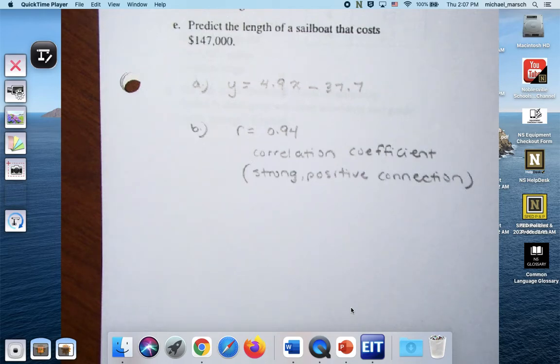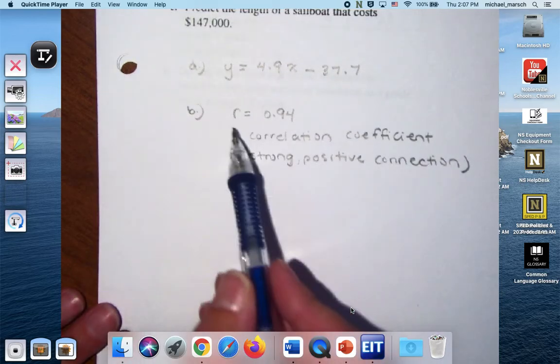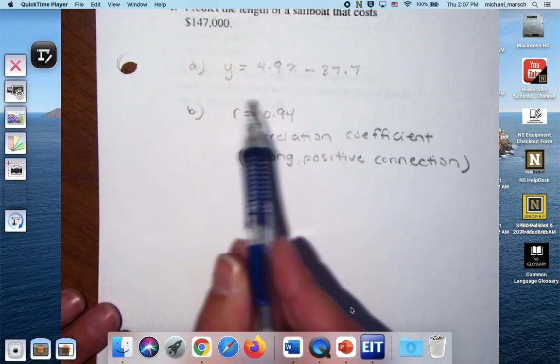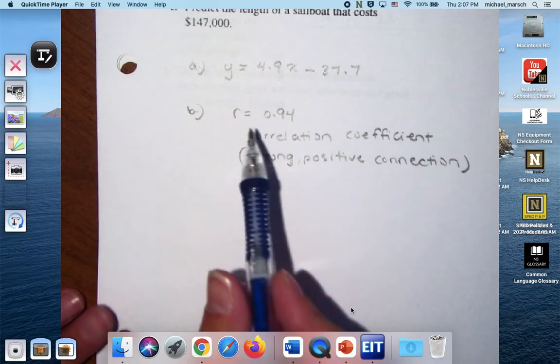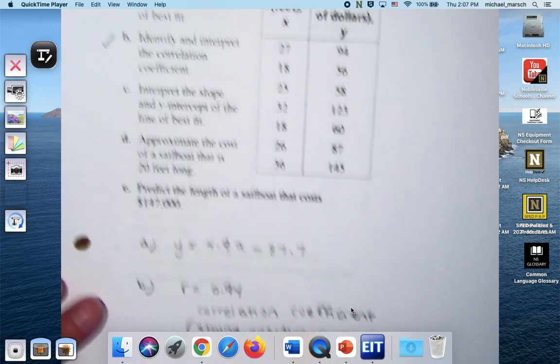You would not have a number anywhere close to 1 or negative 1, right? If we were to plot that, there would be no connection. That has nothing to do with each other, okay? So when they ask for that, the correlation coefficient is that R value. Is everybody with me? Okay, so check off B. We finished B.